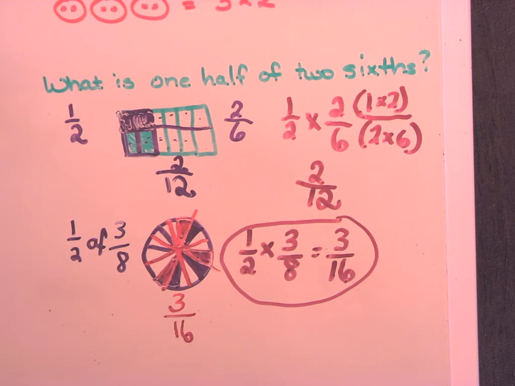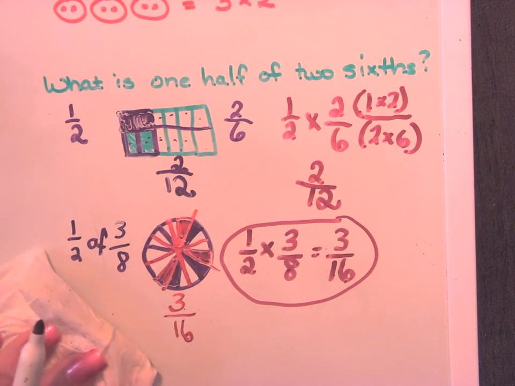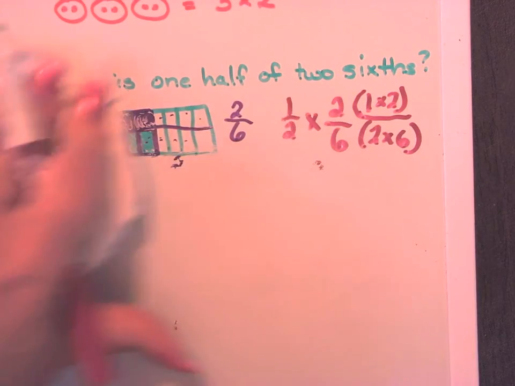Okay. If you look at example 3 in your book, it says a nickel is what fraction of a dime. A dime is what fraction of a dollar. A nickel is what fraction of a dollar. We've done ones like this before. Okay. I'm going to go ahead and erase this and we'll take a look at some of these questions here.